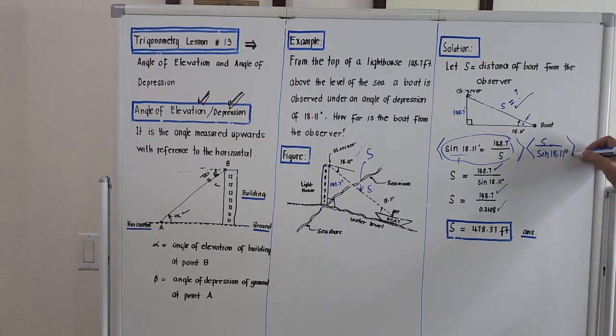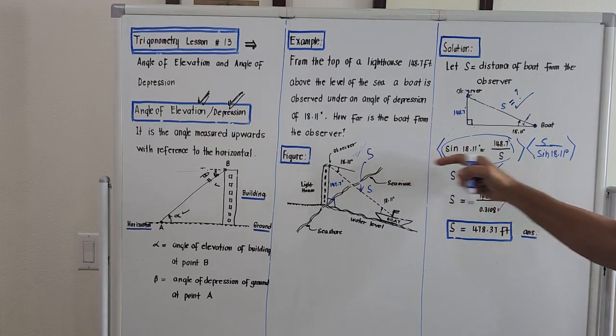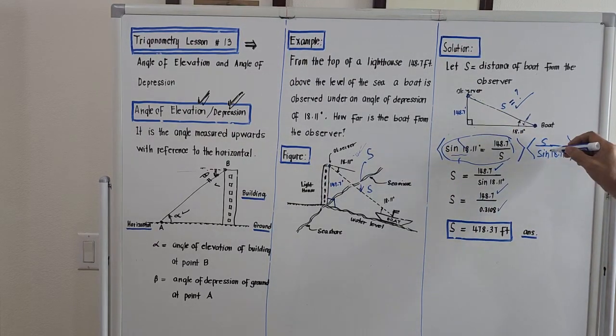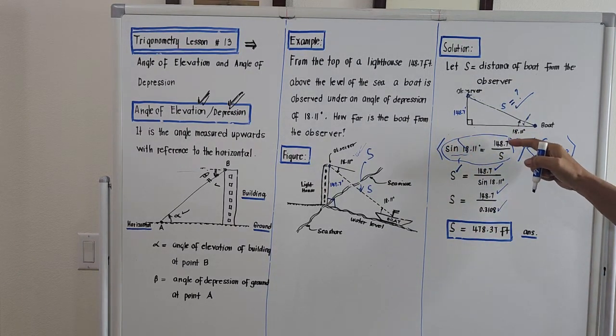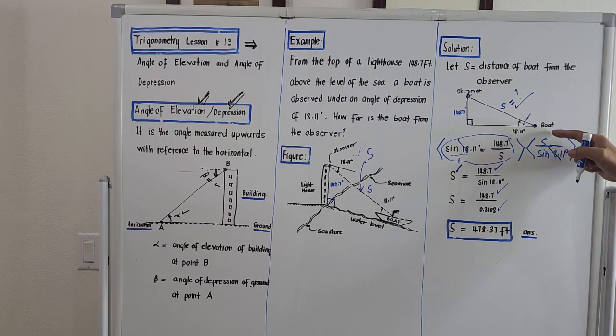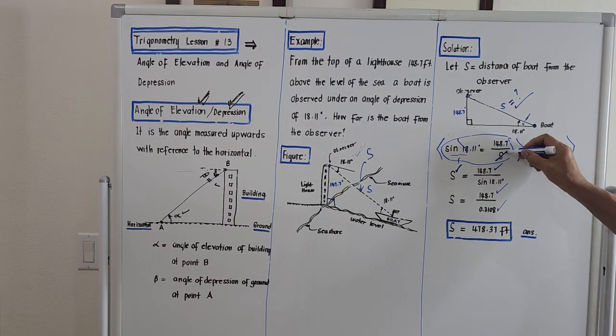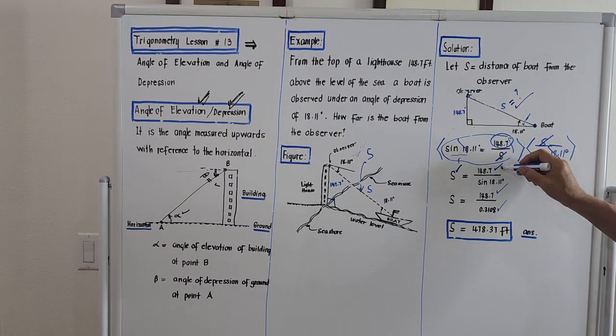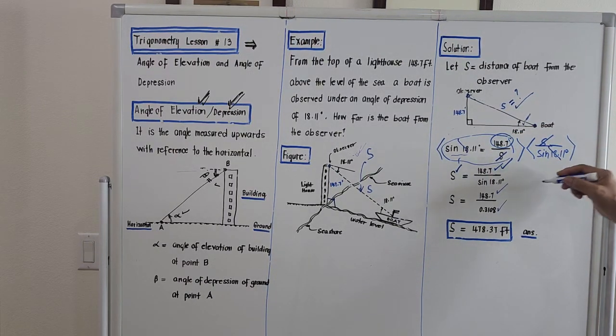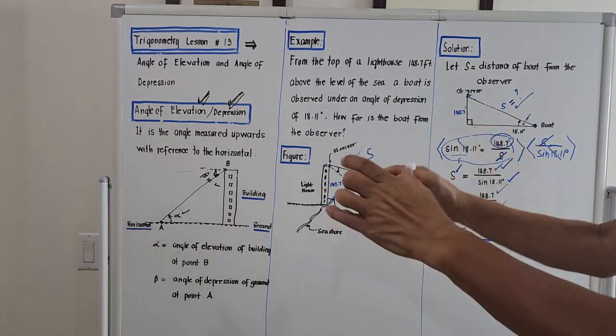So the left hand side multiplied by this one here cancels, it will be S now on the left hand side. And for the right hand side, 148.7 over S times S over sine of 18.11 degrees. This S here cancels with this. So what will remain on the right will be 148.7 and the sine of 18.11 degrees. As simple as that one.